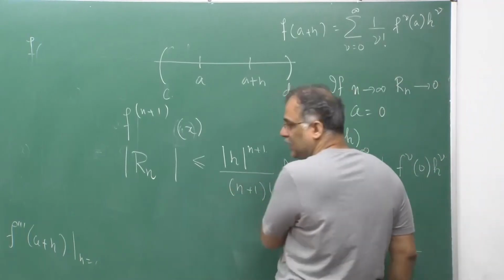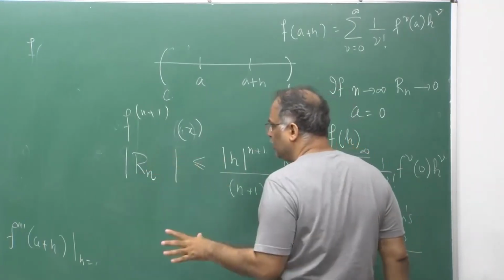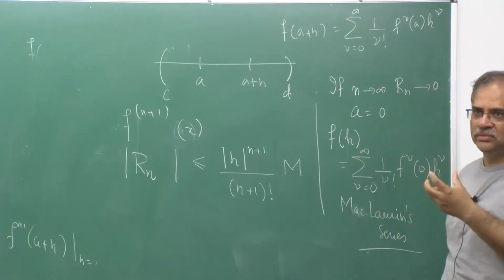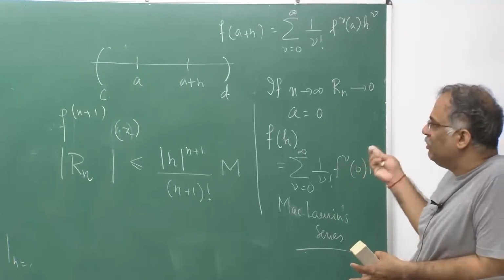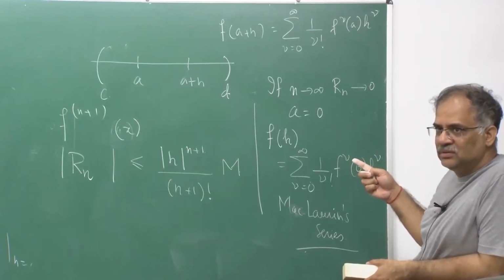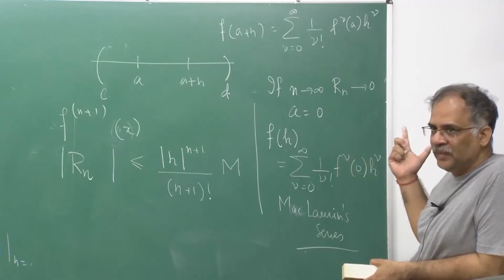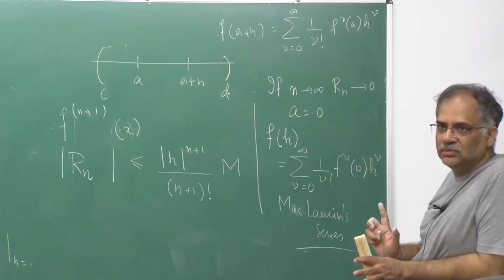Having this does not say that it will go to 0, only that mod R_n is bounded. So the error is bounded above by some quantity that depends on h, and (n+1) factorial also blows up, but whether it goes faster than h^(n+1) to 0 or not, we do not know.